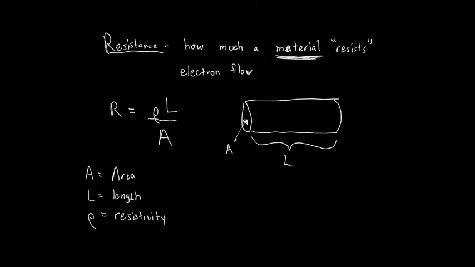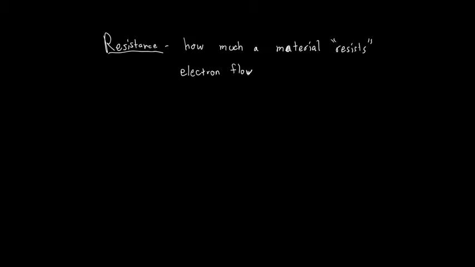We see in the definition of resistance that how much a material resists electron flow is what determines your resistance, and that material property is the resistivity. This is something that you would look up in a table usually. So these are values that we've measured for different kinds of elements that you build a wire out of.